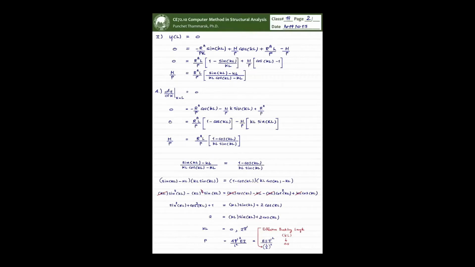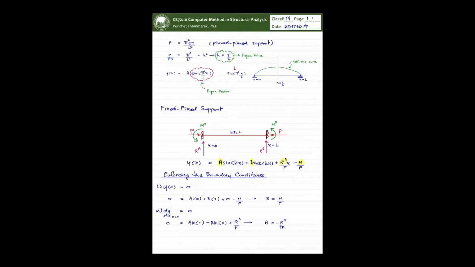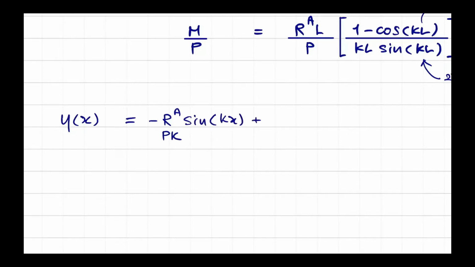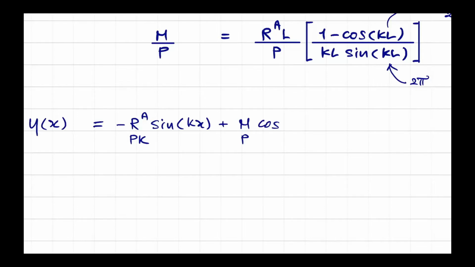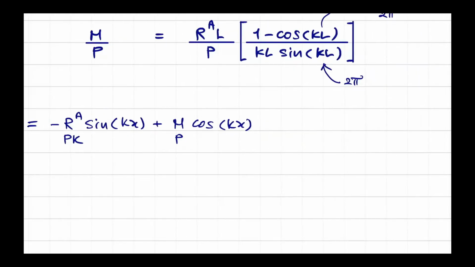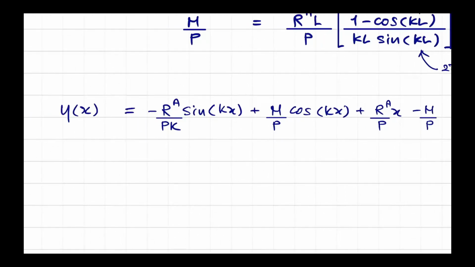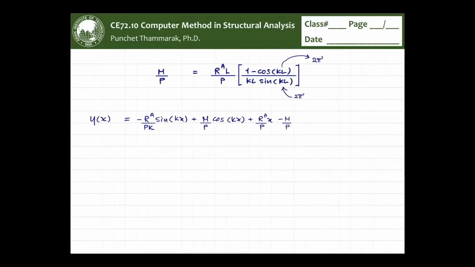The A value is equal to minus RA over PK sine KX plus M over P cosine kx plus RA over P x minus M over P. This was supposed to be the deformed shape of this system.